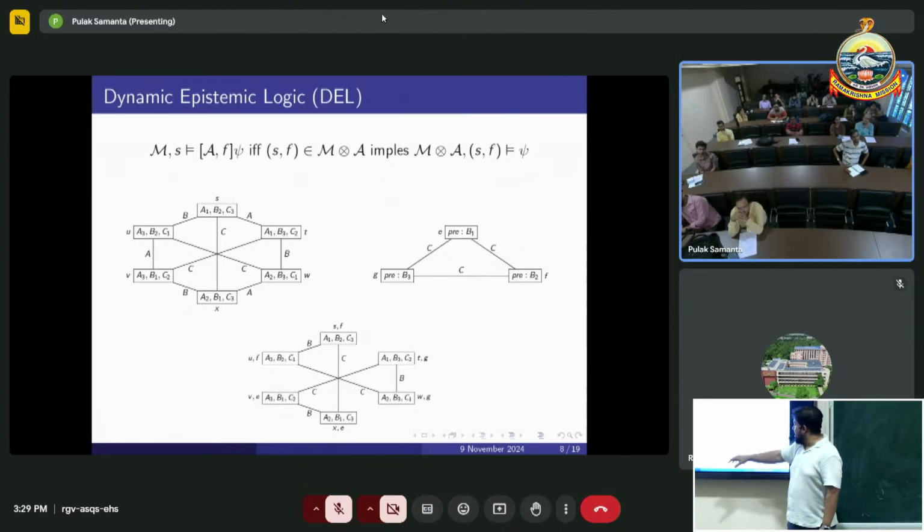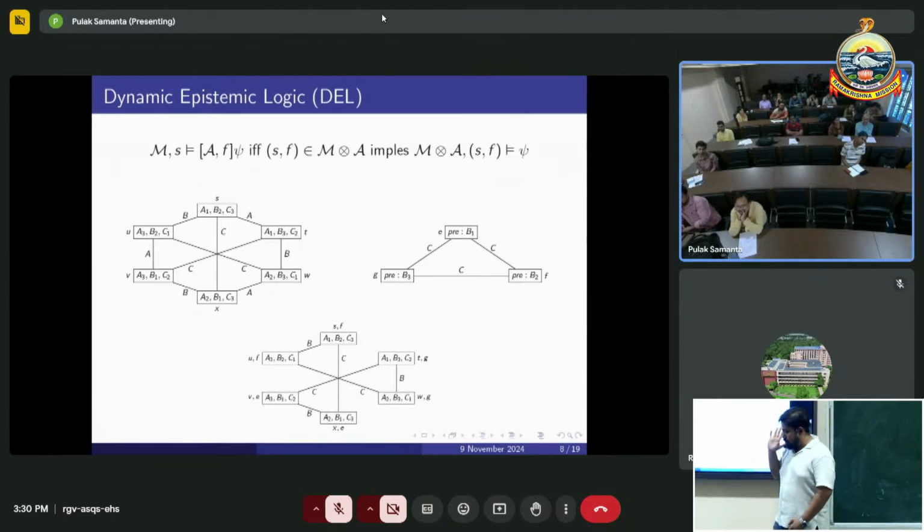This is a Kripke model, and as you can see, now A actually knows what card it has. Previously it couldn't distinguish between what B had and C had. Now it can distinguish. Okay, so this is the basic idea.